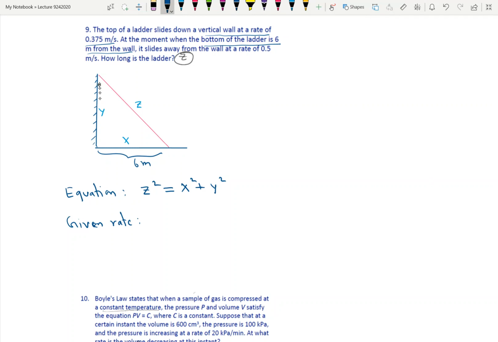So this distance y is decreasing at a rate of 0.375 meter per second. Since it is decreasing, we will put a negative sign and we need to find z. Okay.